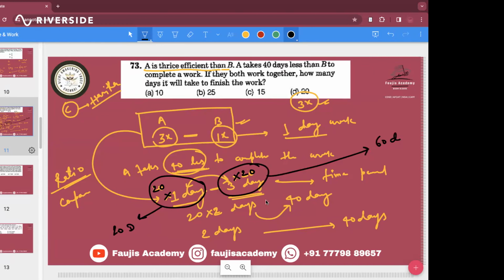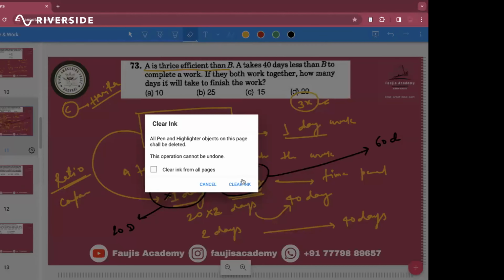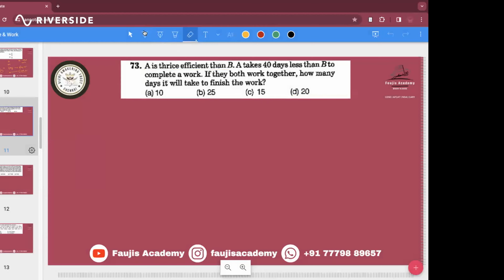Guys, if you want me to make it simplistic, it's nothing. A is thrice as efficient as B. That means A is 3, B is 1. This is the 1 day work.